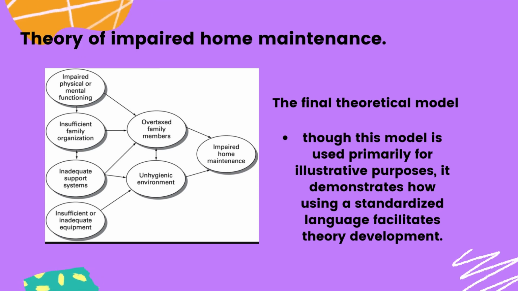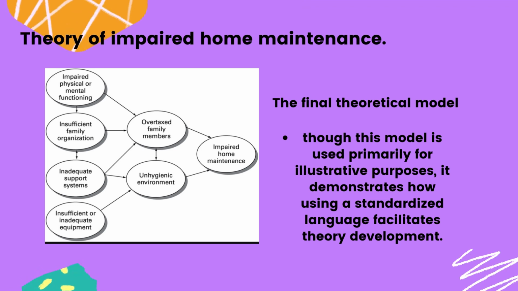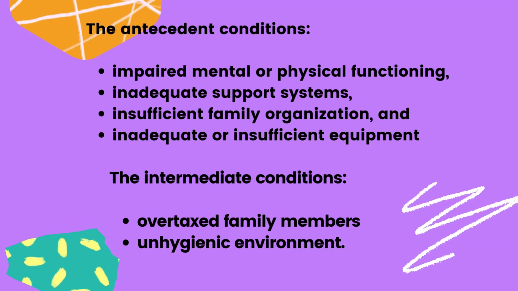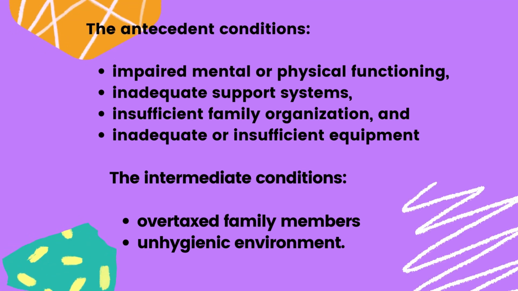This figure illustrates the theory of impaired home maintenance. So this is the final theoretical model. Though this model is used primarily for illustrative purposes, it demonstrates how using a standardized language facilitates theory development. So basing from the illustration earlier, the antecedent conditions are the following: impaired mental or physical functioning, inadequate support systems, insufficient family organization, and inadequate or insufficient equipment.